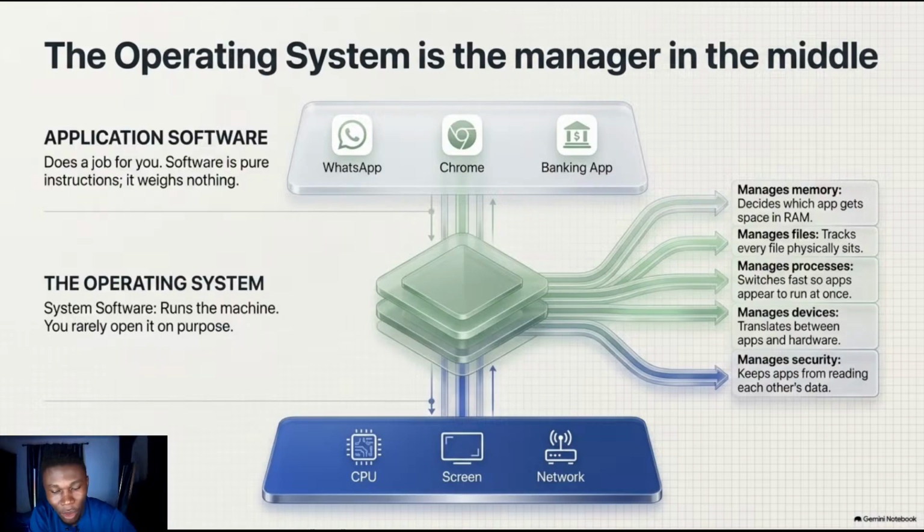So one thing that you normally see is that the operating system manages memory, and we'll be talking about that in detail in the next slide. It manages files, processes, devices, and security. So we have the CPU, you have the screen, and you have the network.